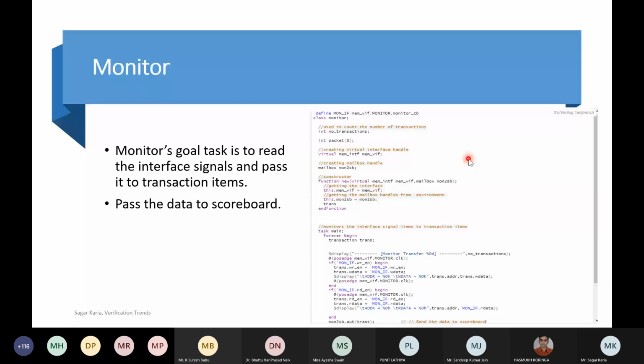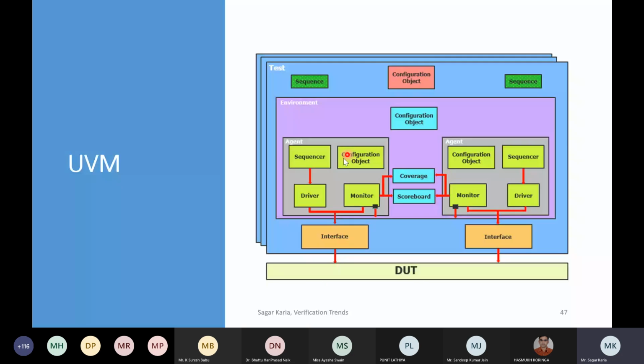Okay. Let me go to the UVM. As you would understand, within an environment in UVM there is a generator, driver, and monitor. It is going to be similar for UVM also, but in UVM there are multiple agents. Say, for example, I want to write and then I want to read. You can have a write agent and a read agent.